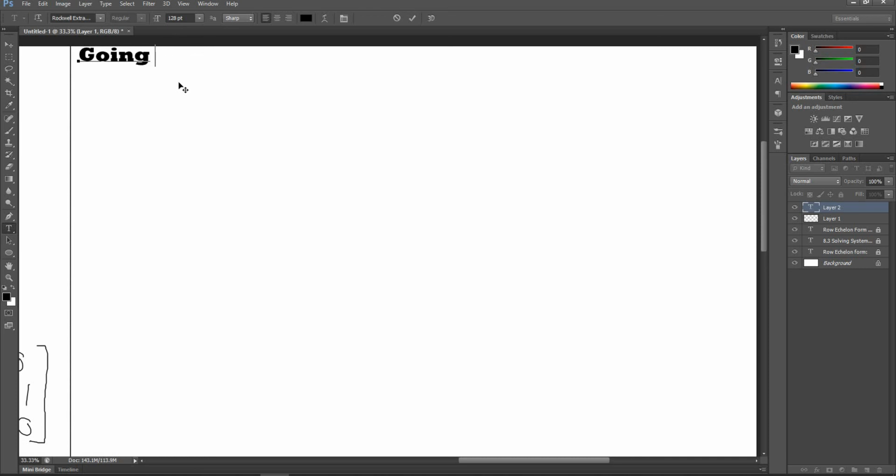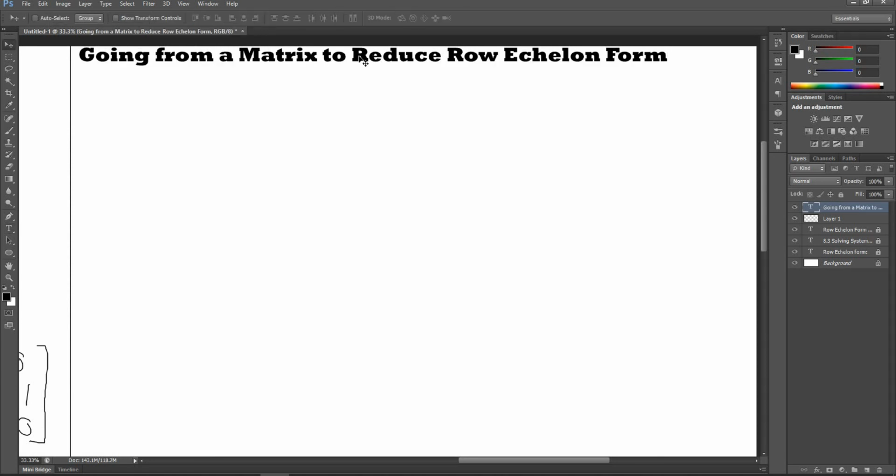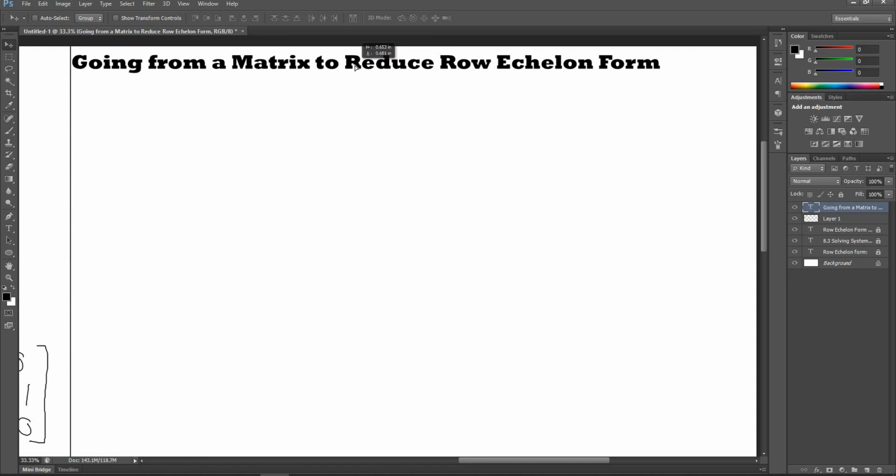So going from a matrix to row echelon, or I should say going to reduced row echelon. The best thing to do to solve a system of equations is to turn our matrix into a reduced row echelon. You could solve just using row echelon in substitution.